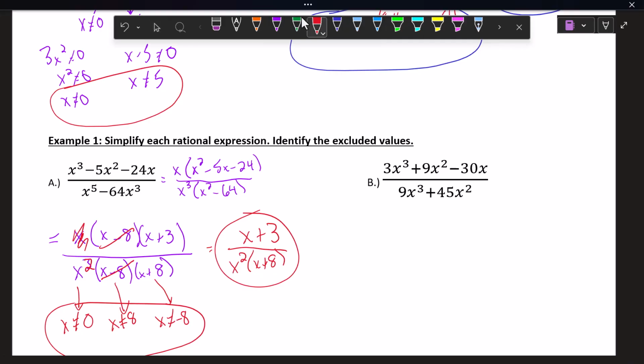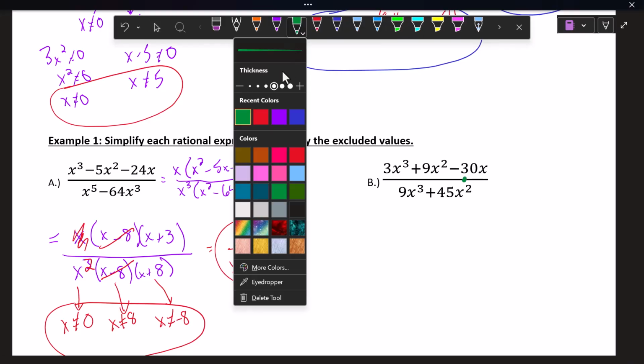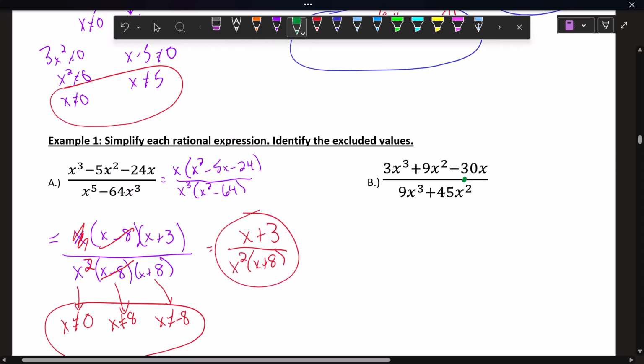All right, we got another kind of long expression here. Except we have to, well, not except, we have to take out our GCF. We're left with x squared plus 3x minus 10 over. We can take a GCF out of here, 9x squared.